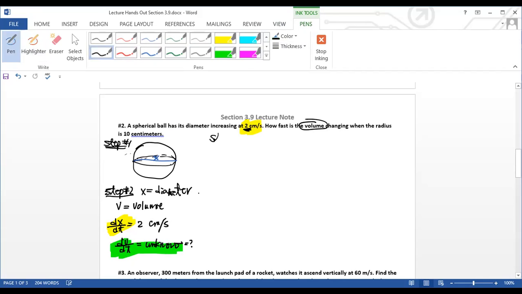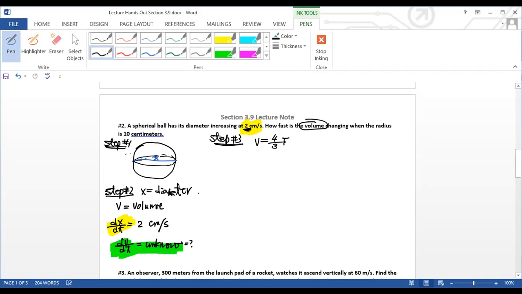Then step number 3, like I said, is probably the hardest step. So step number 3 is here. This one is pretty easy, because we find the equation. So V is equal to what?